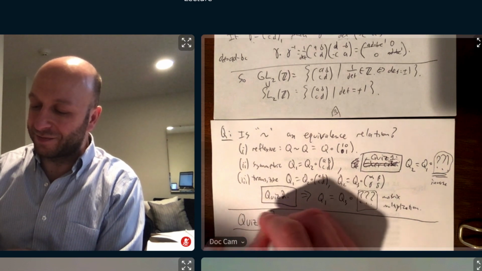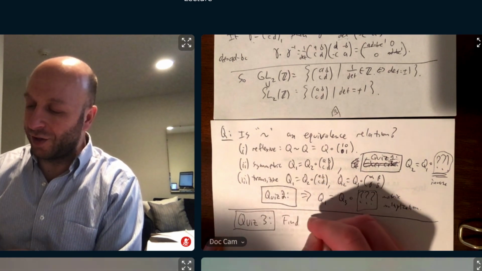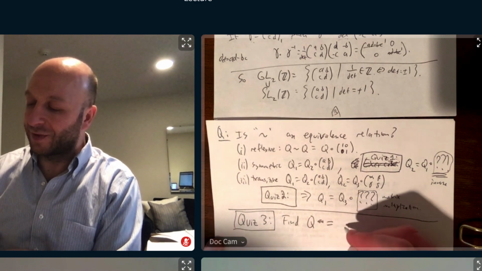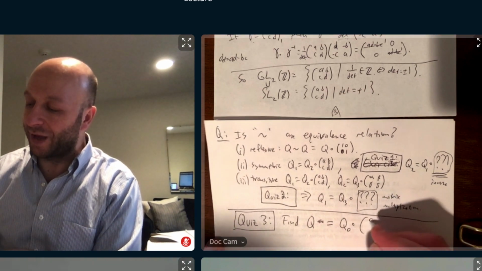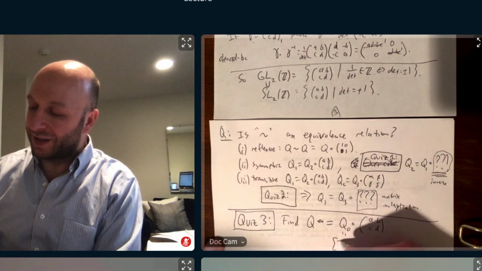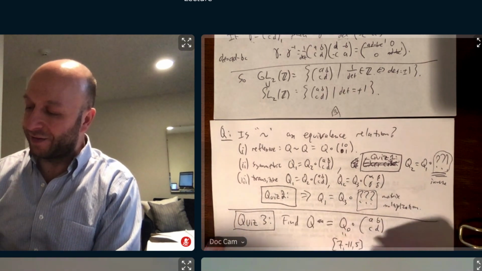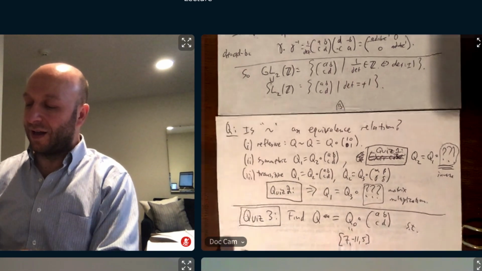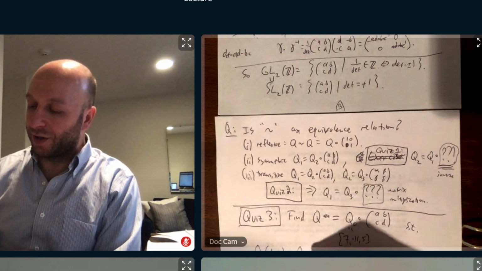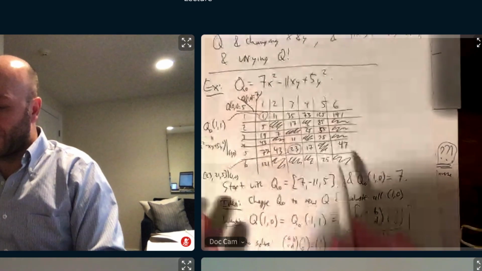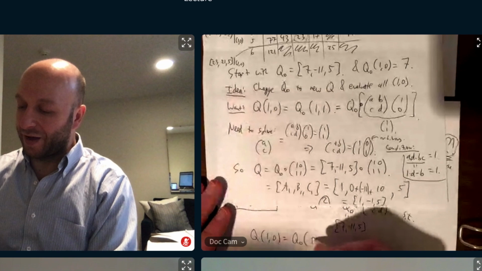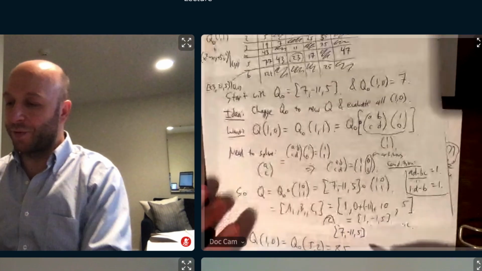Quiz 3: find Q equivalent to Q0 composed with some A, B, C, D. Q0 is our old friend 7, negative 11, 5, such that Q of 1, 0 is equal to Q0 of, how about 5, 2? 5, comma 2, which we know from our table is 85.